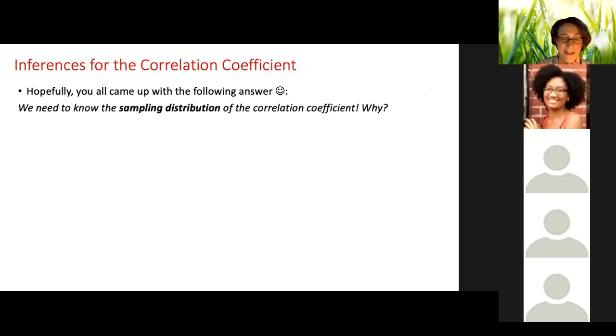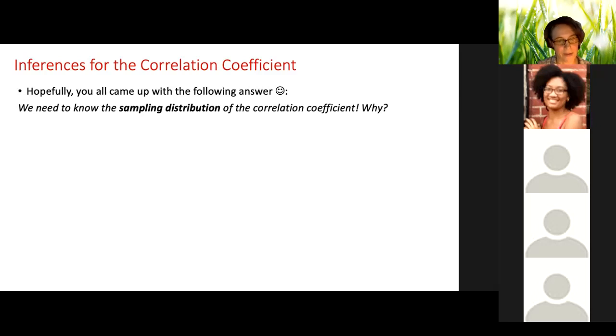Okay, and Alison absolutely correctly noted we need to know the sampling distribution. If we are testing the hypothesis that this correlation coefficient comes from a population with a true correlation of 0, then we already know that the mean of the sampling distribution is 0.